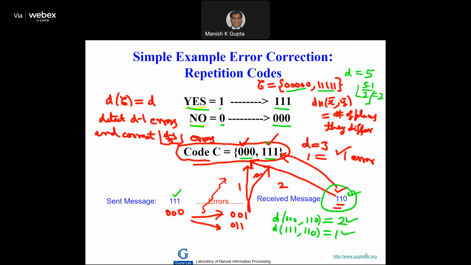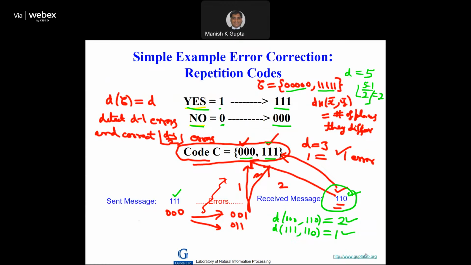And there is a result which says that if the minimum distance of the code is d, it can detect d minus 1 errors and it can correct (d minus 1) by 2 errors.